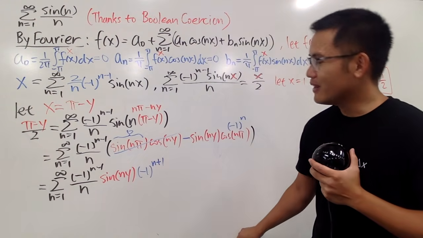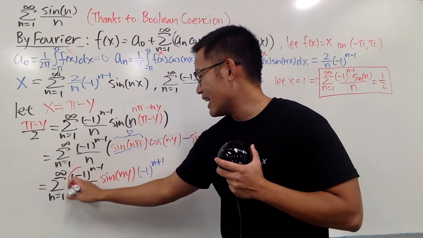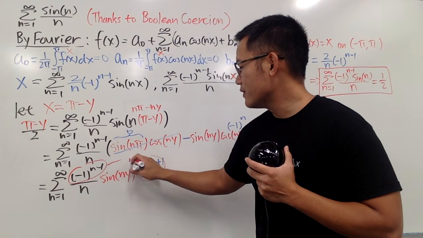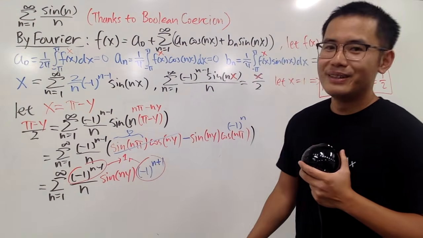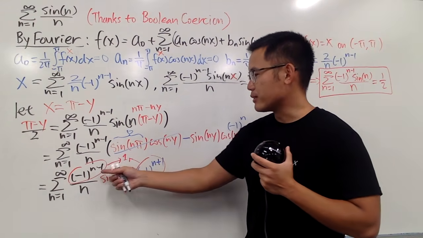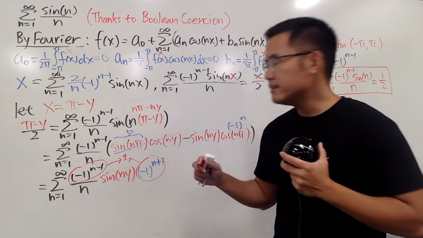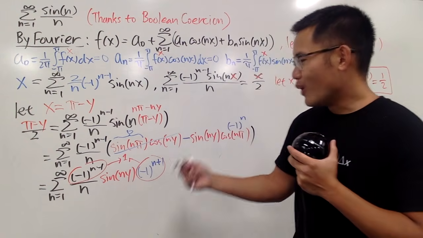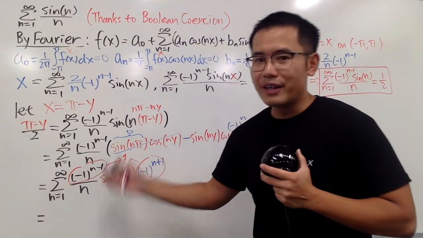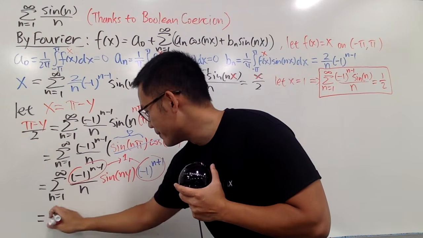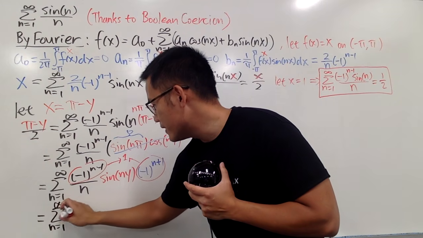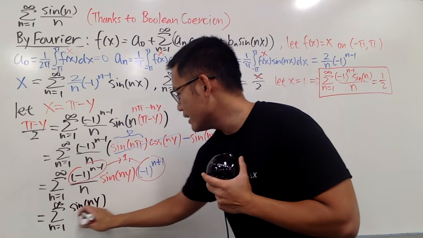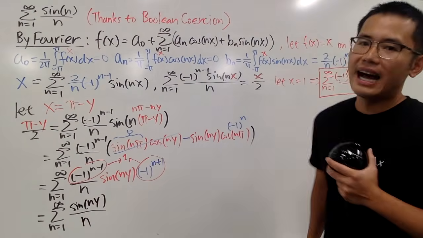The beauty is that, oh my god, you see, this guy times this guy all together, they will give us just +1, right? Because when you add the exponents up, you will just get 2n, and -1 to the 2n's power is always +1. So, all in all, this right here, it's just the sum as n goes from 1 to infinity, and we just have sine of ny over n, like that.